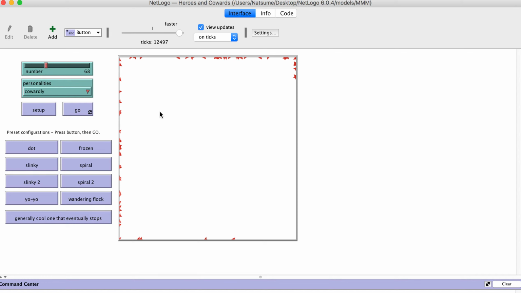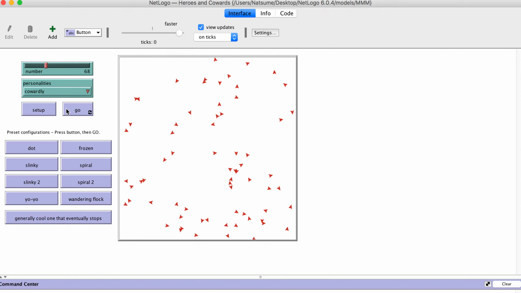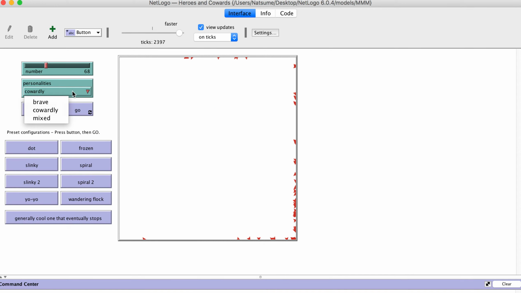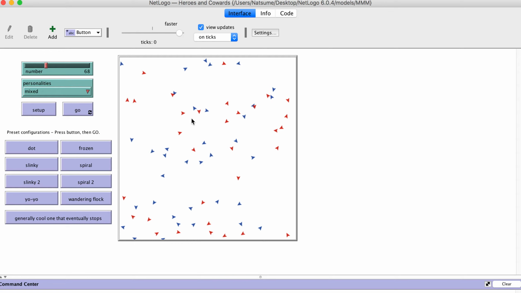The way the outcome turns out depends on the initial condition. If we randomly choose an initial condition, what we get is different states. For example, we can make the coward and the hero 50-50.